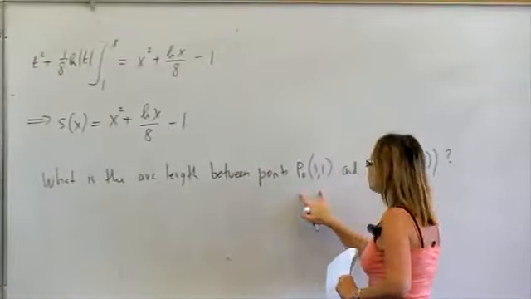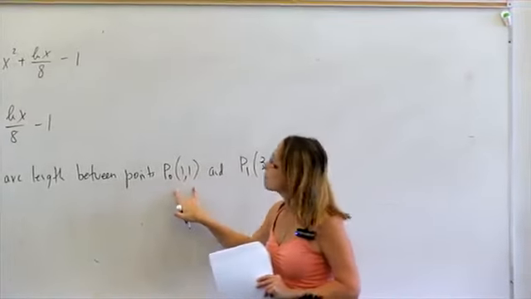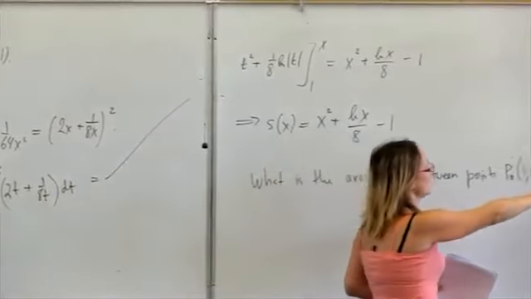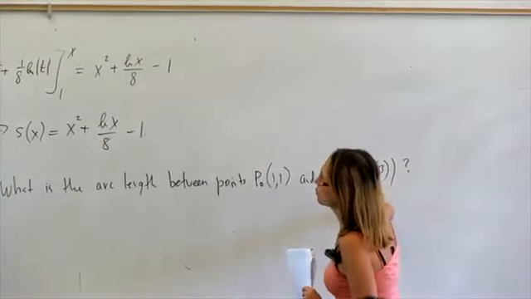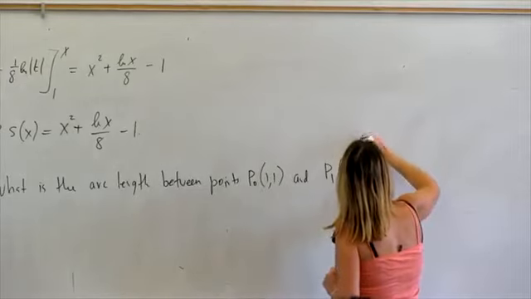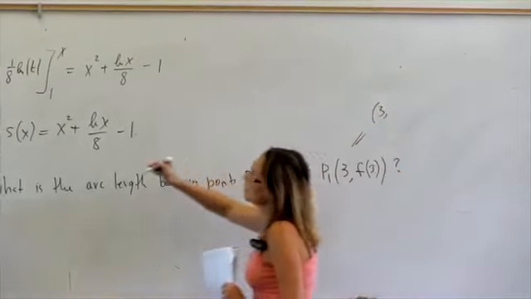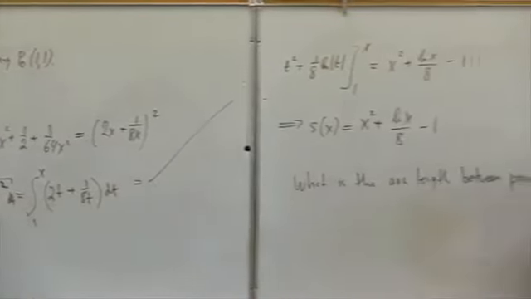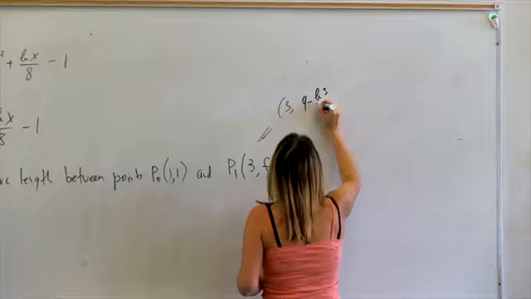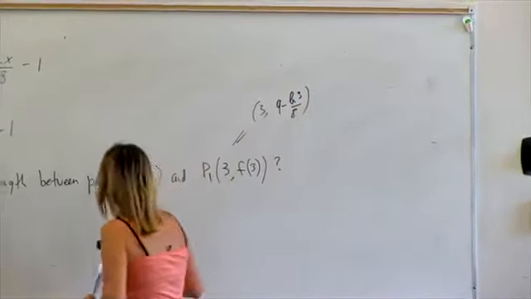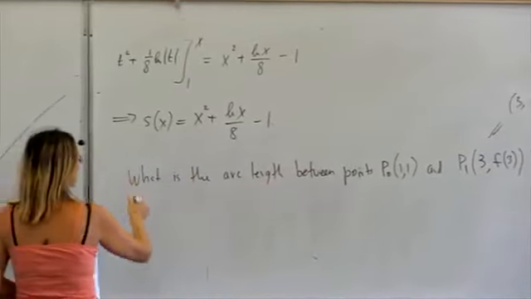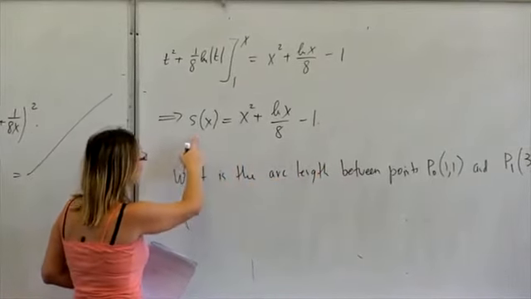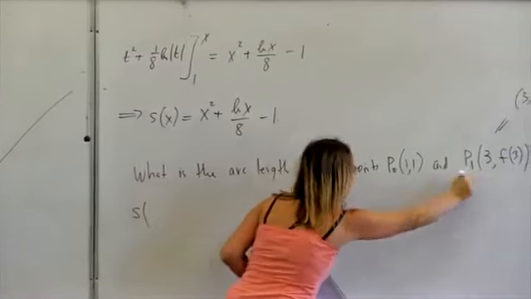So we want to calculate the arc length between this given point, P naught, and another point, which is 3 and f of 3. What's f of 3? F of 3 is 9 minus log 3 over 8. Okay. So this is very easy. All we do is we say that the answer is given by the arc length function evaluated at x equals 3.